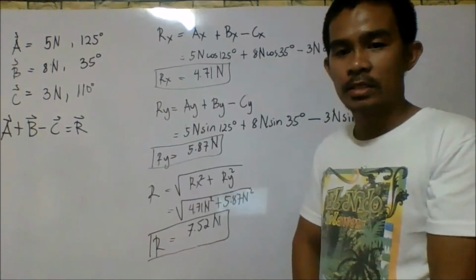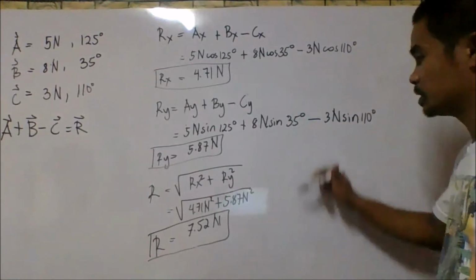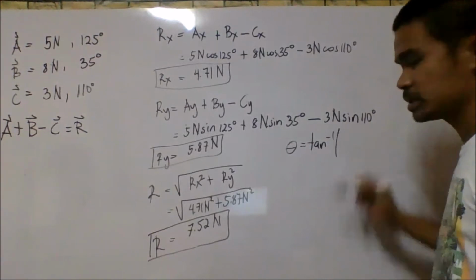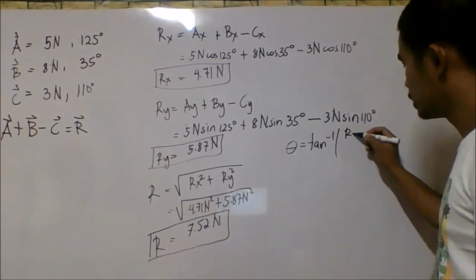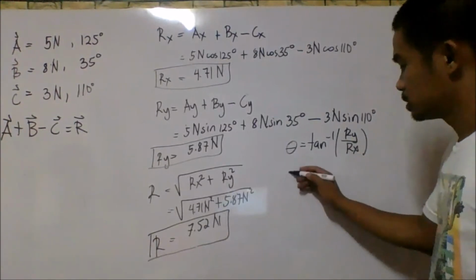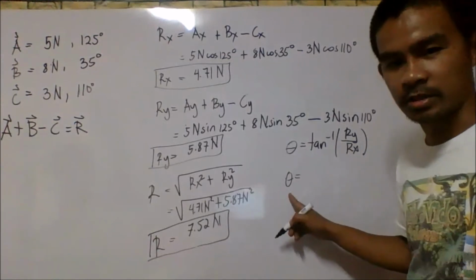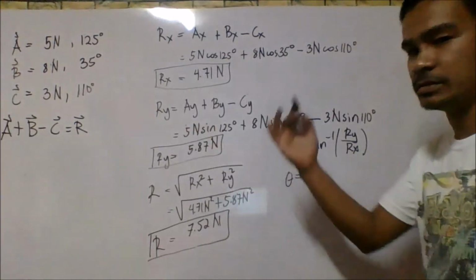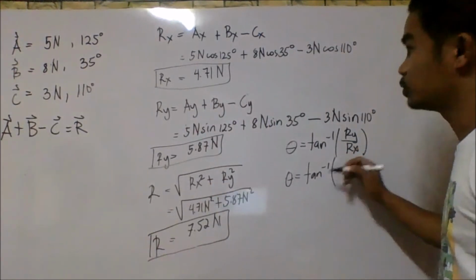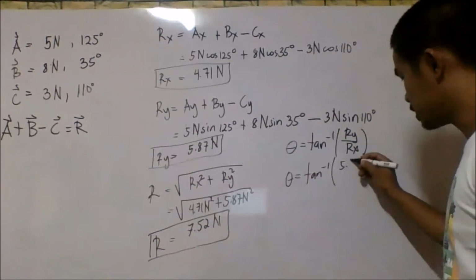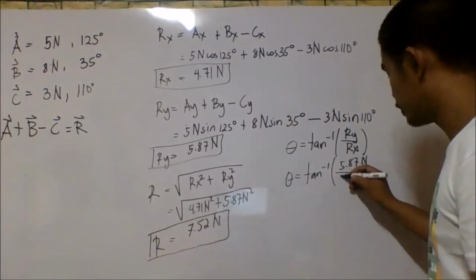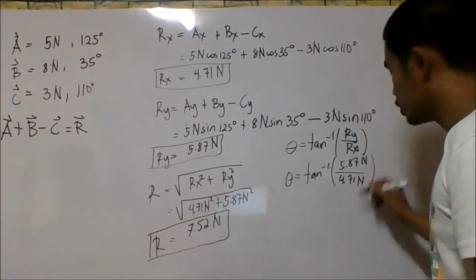Now, how about the direction of vector R, which is theta? That is the inverse tangent of R of y over R of x, or theta as the direction of vector R from positive x-axis in counterclockwise direction. We have inverse tangent of R of y, 5.87 Newton, over R of x, which is 4.71 Newton.